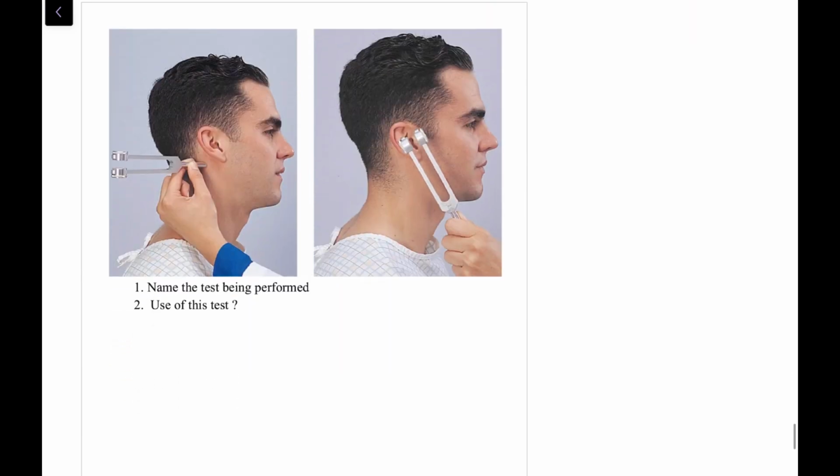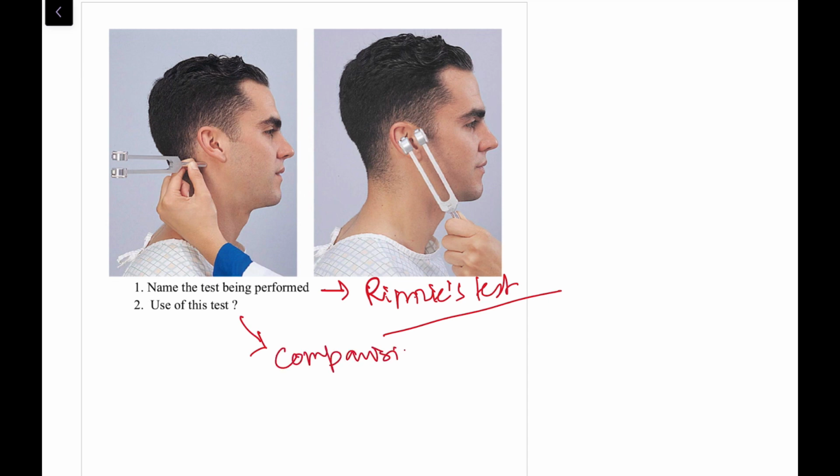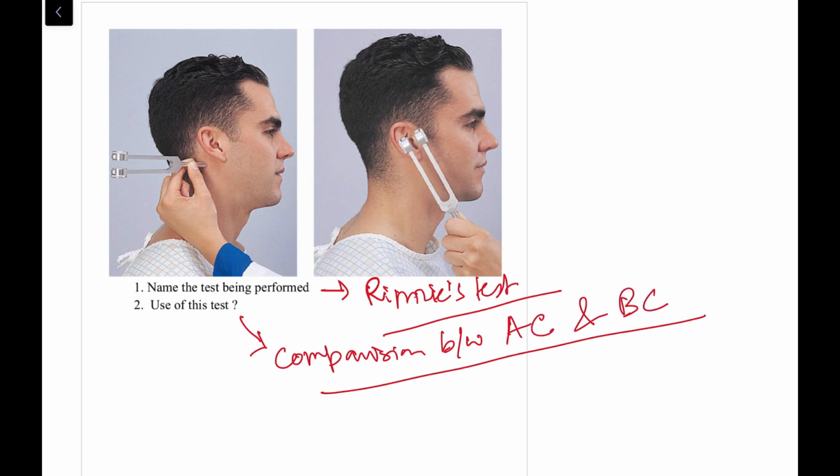Then coming to the next picture, it has been asked, name the test being performed. This is Rinne's test. So what is the use of this test? It is basically a comparison between the air conduction and bone conduction of the ear.